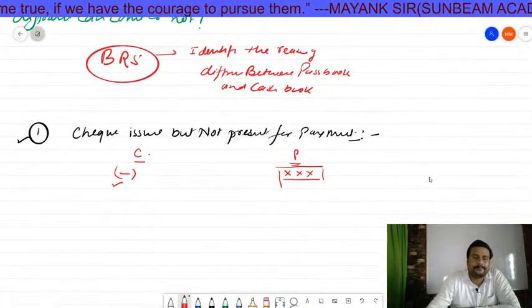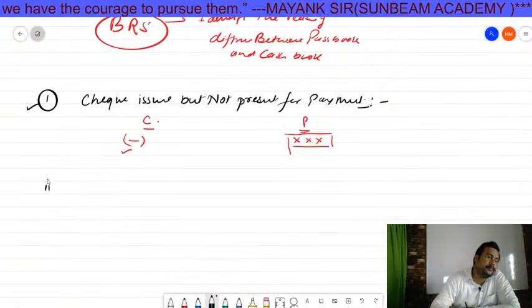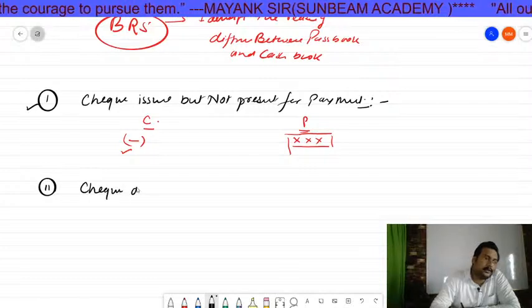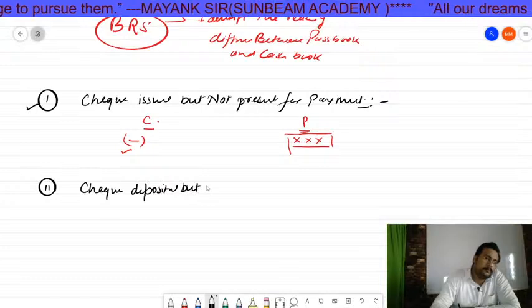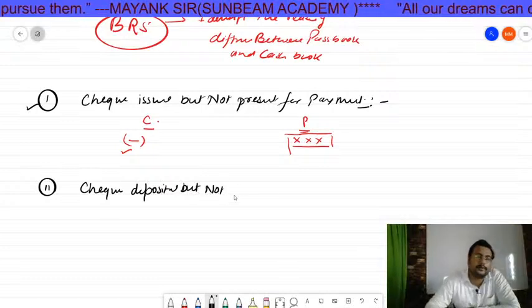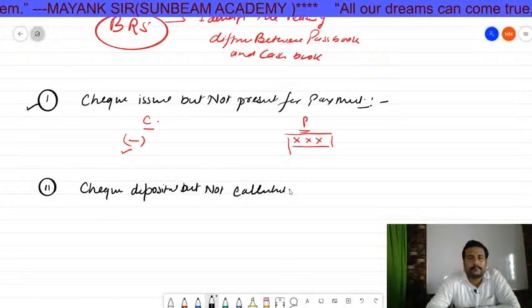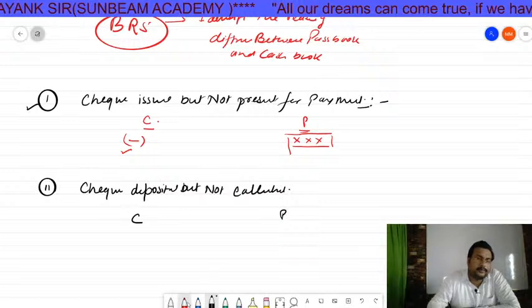Second, check deposited but not collected. Bacha, this is your cash book and this is your passbook.